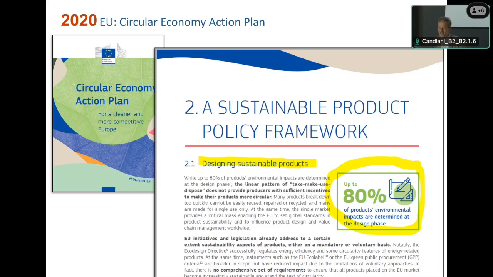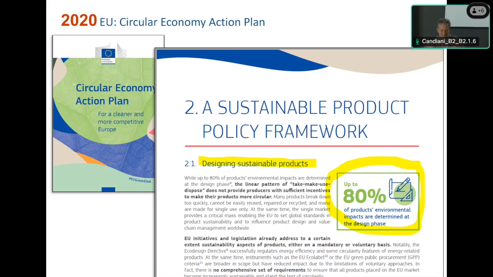I was all the time saying, come on, it's correct. It's so easy to say that if you design at the beginning, as I said before, then you have more possibility to make this a product with low environmental impact. If you think later, you can try some remedial action, but not radically innovate, okay? Finally, this we find in the action plan of the European Commission.